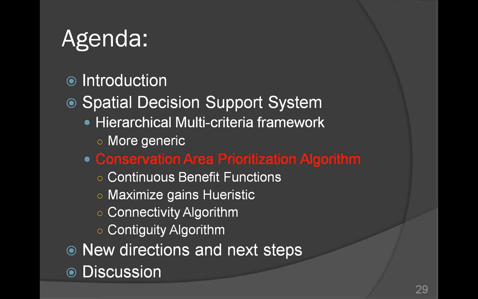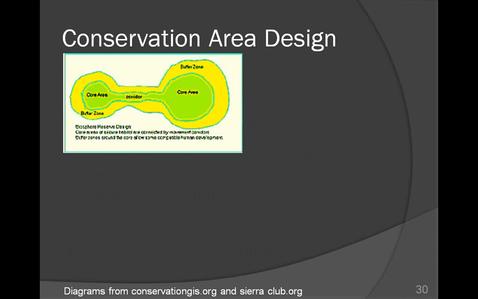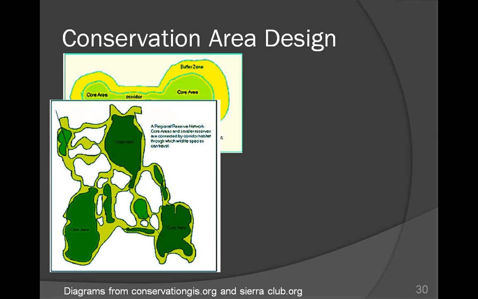So as far as the algorithm goes, the algorithm is to focus on conservation area design. You know, I think we've all seen this dumbbell figure. You want to identify where your core areas are, the corridors between them, some good buffer zones, and you want to try and do it in such a way that it's cost-effective.